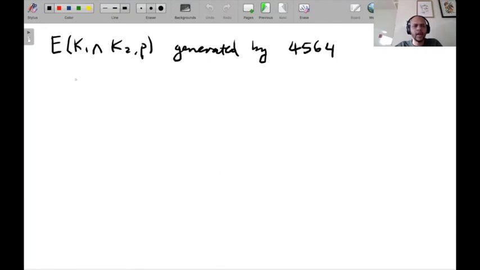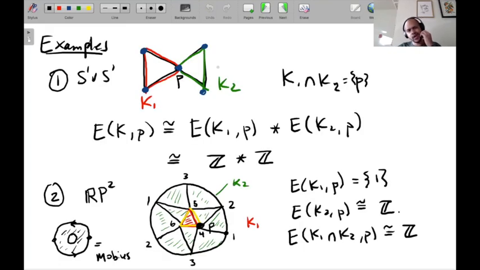And the edge group of K2, this group was also Z, is generated by, well, okay, so this may be a little bit less obvious, but you're computing the edge group of RP2 in homework.